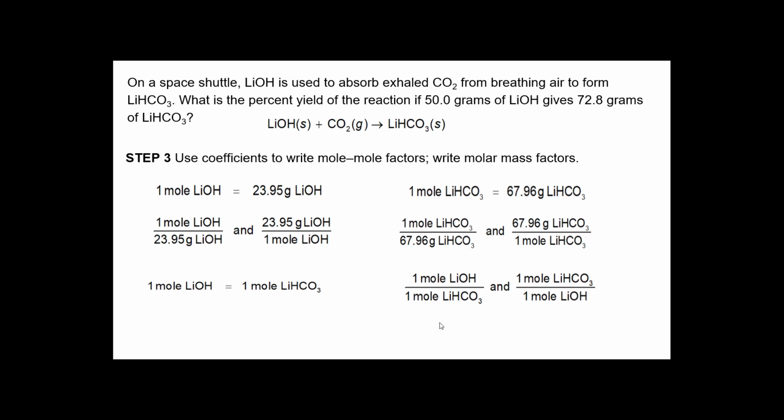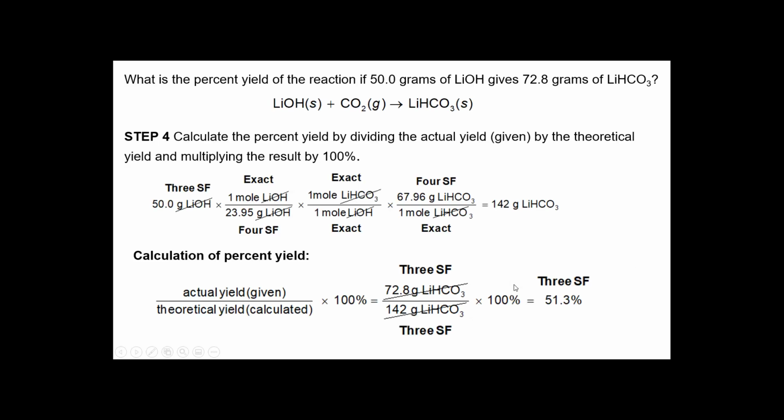We have 1 mole of lithium hydroxide, which is 23.95 grams. We have 1 mole of lithium hydrogen carbonate, or lithium bicarbonate, both names work, 67.96 grams. And 1 mole of lithium hydroxide equals 1 mole of our product, lithium bicarbonate. We can do a conversion for each of those.